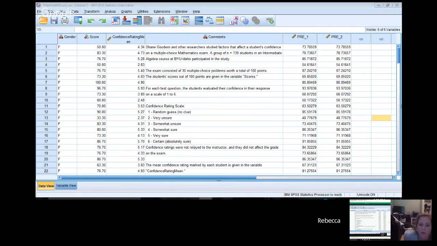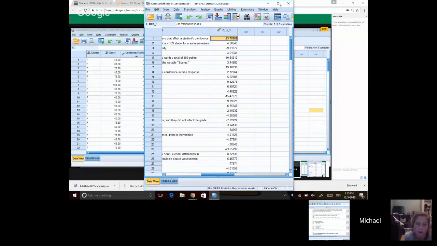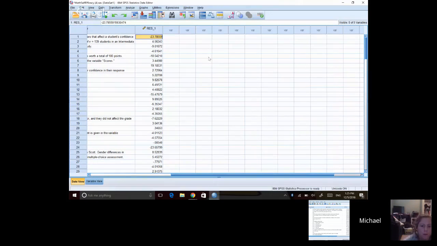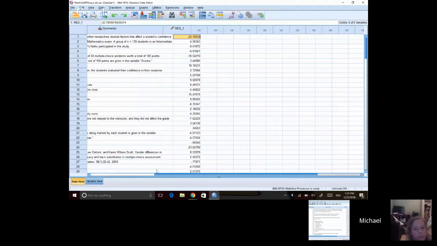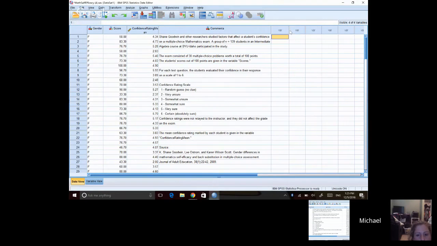Show me just your data page. Full page. Why does he have negative 23 and we have something different? I don't know. Here, you can see what it is. Negative 23.